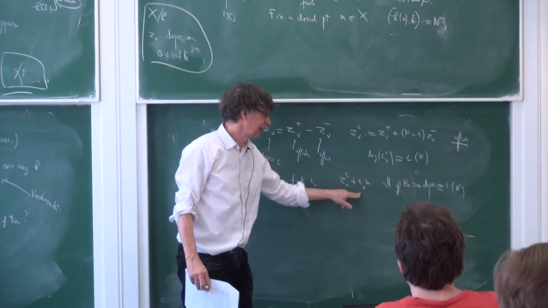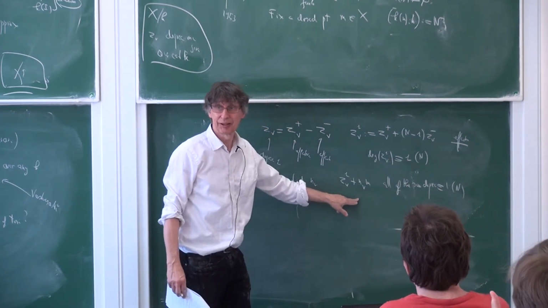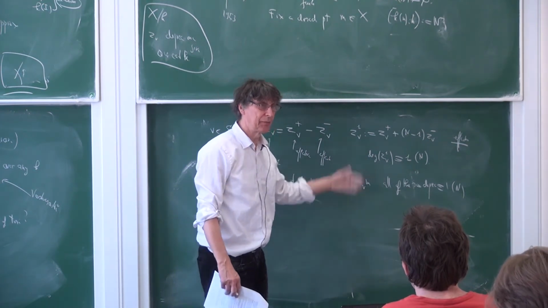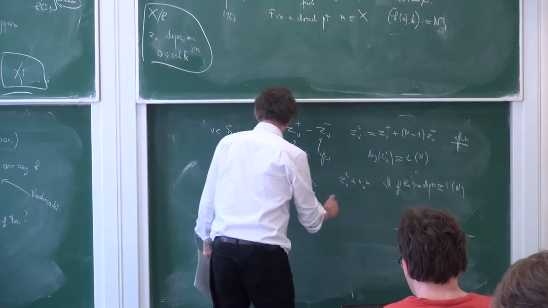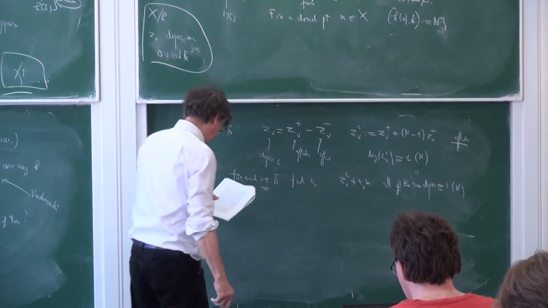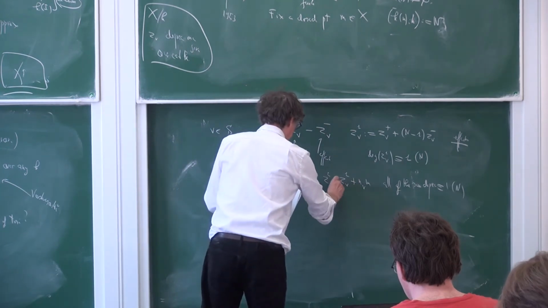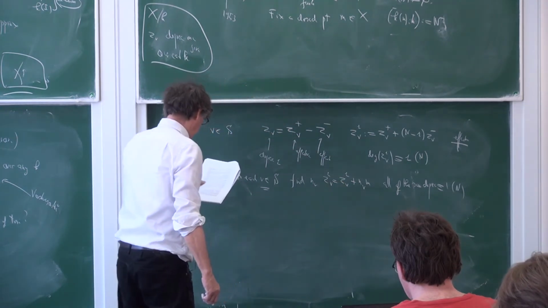So we can add suitable multiples of this M, of degree n, to each of them in order to arrange that they have the same degree, for v in S. Call it Z_v^2. So they have the same degree.